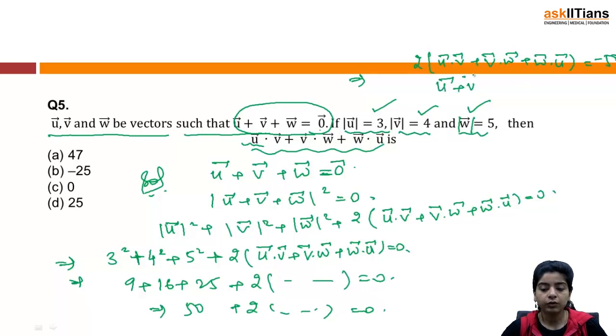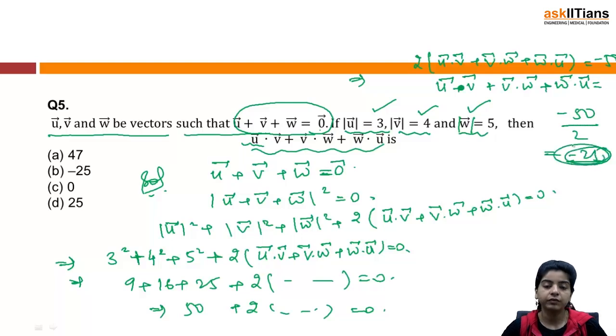So, u dot v plus v dot w plus w dot u is equal to minus 50 by 2, which is equal to minus 25. So, our answer is B, that is minus 25.